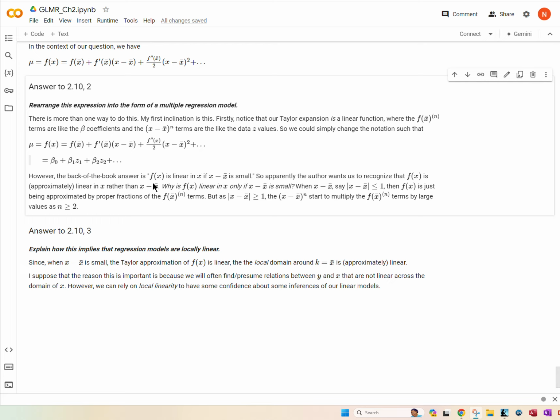So this is a true statement, but why is it true, or how can we see that it's true? If I go back up here, imagine very small values of x minus x bar. Say that the absolute value of x minus x bar is 1 or less. Well, then all that we're doing is we're saying that mu is equal to just fractions, where each fraction is less than 1, of each of these.